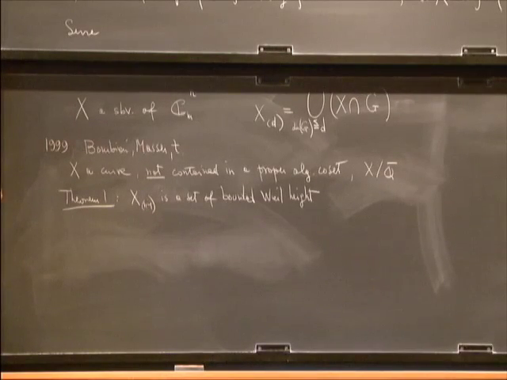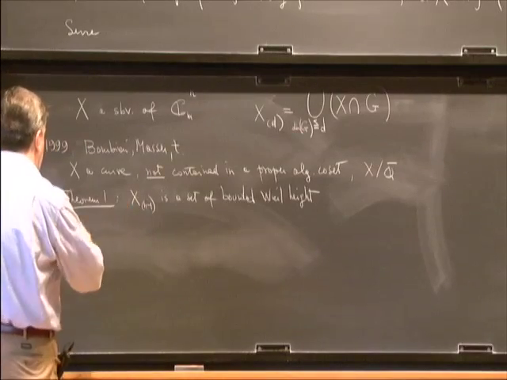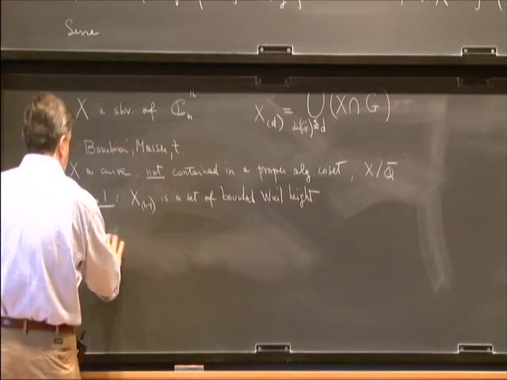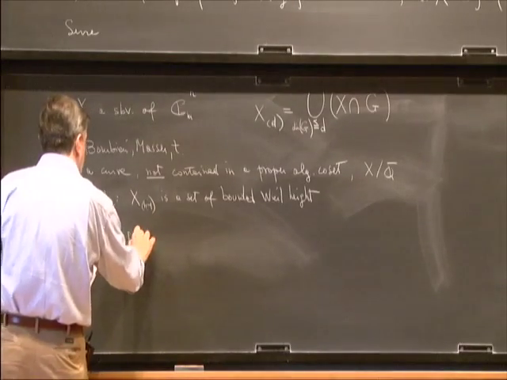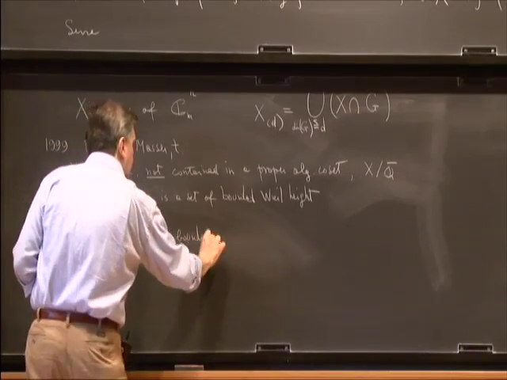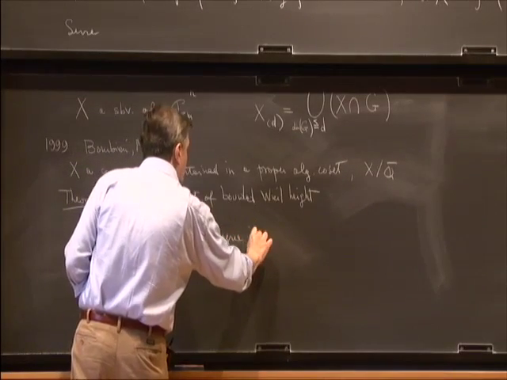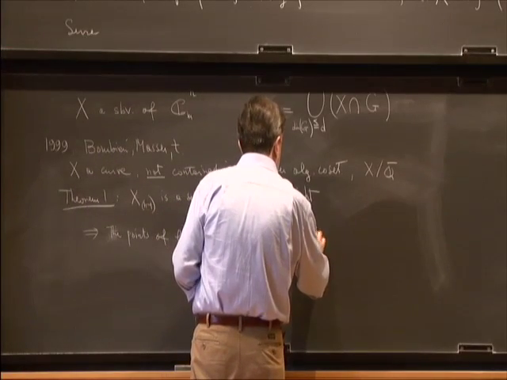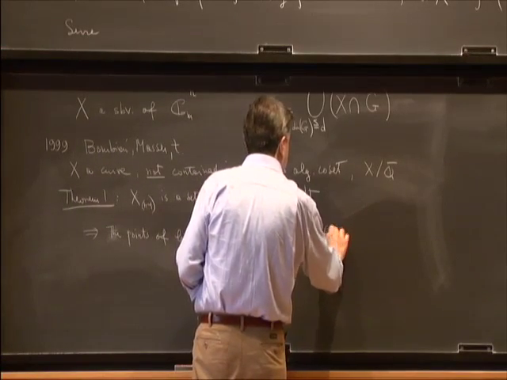So it is a specialization theorem which says that the independence assumption is preserved except on a very sparse set. In particular, this implies that the points of bounded degree in X_{n-1} are finite in number.